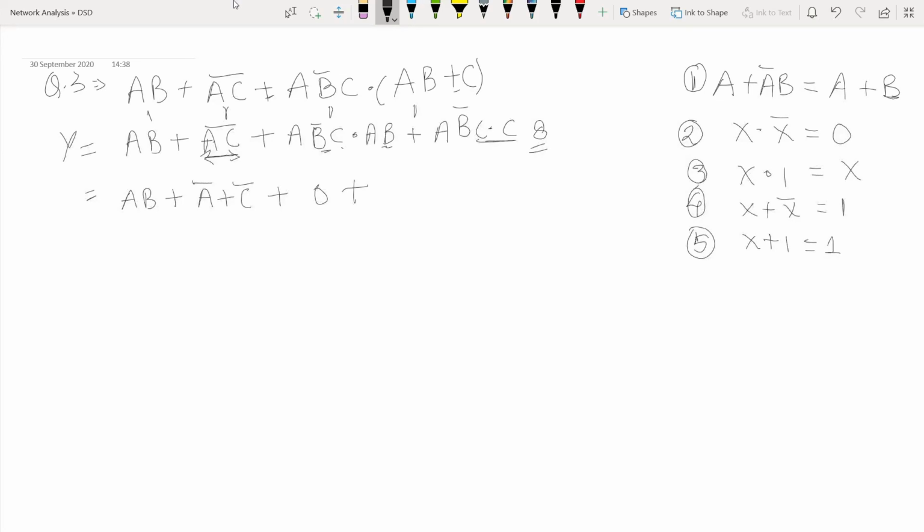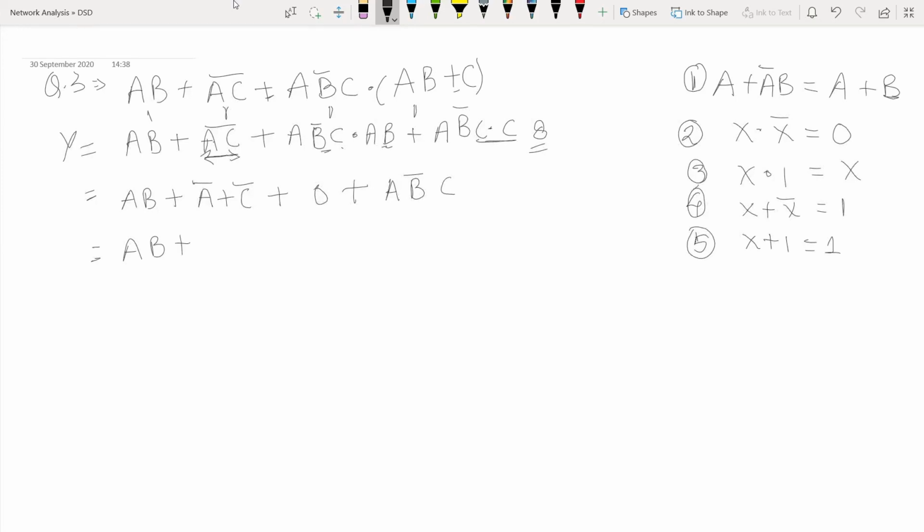So C dot C is what? C again as per the AND law. So this will be A B bar C. Correct. Now I will apply the commutative property here. I will just rearrange these again.